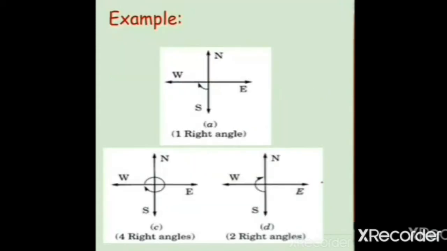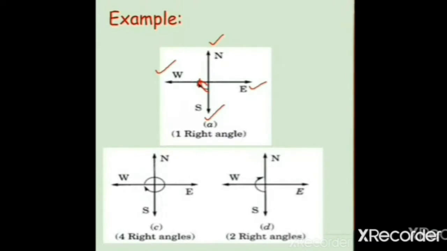Let us understand this through an example. Here we have 4 directions: east, west, north, south. If we turn through a right angle clockwise, if we take one turn from south, we will go to west.